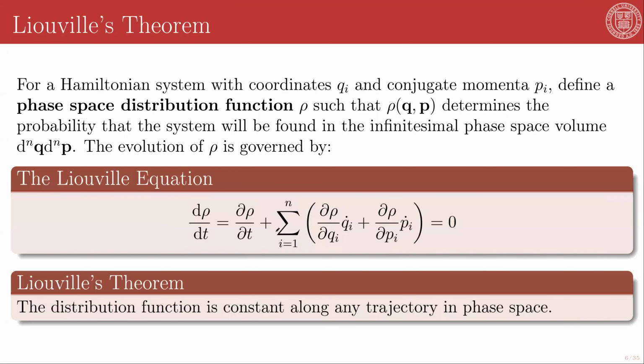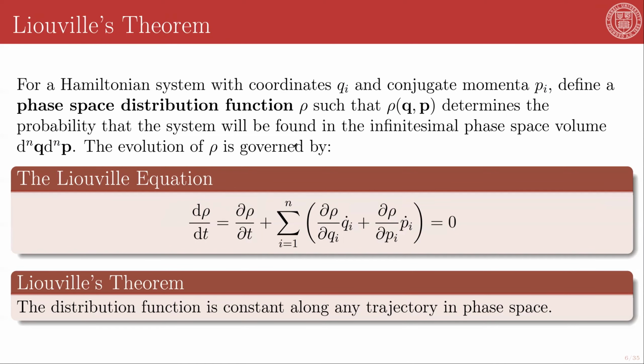Liouville's theorem states, for a Hamiltonian system with generalized coordinates q sub i and conjugate momenta p sub i, we can define a phase space distribution function rho such that rho, evaluated at all of the coordinates and all of the momenta, determines the probability that the system will be found in the infinitesimal phase space volume d^n q d^n p.